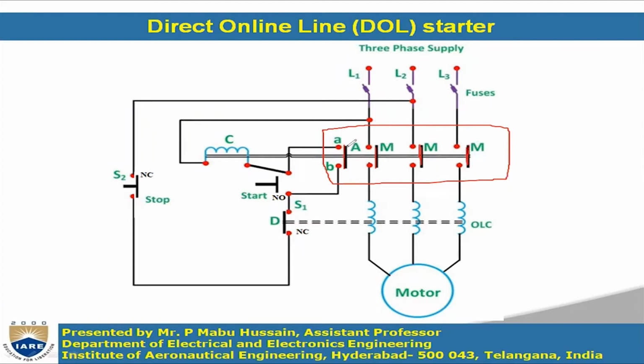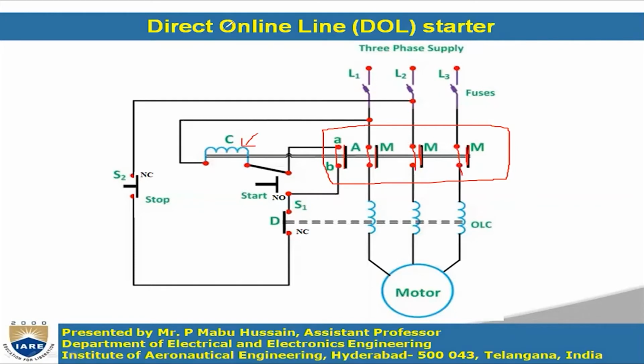So this is the three-phase four-pole contactor, and the exciting winding for this is this one. Now whenever you give the supply to this winding, all the four poles will be pulled this side due to the magnetic effect of this coil, and all the four poles will be closed. Through this a three-phase supply will be given to the motor, and the motor will start working. So this is the function of the DOL starter.